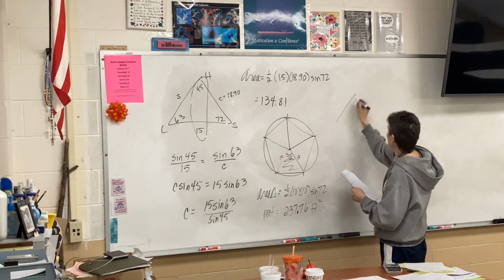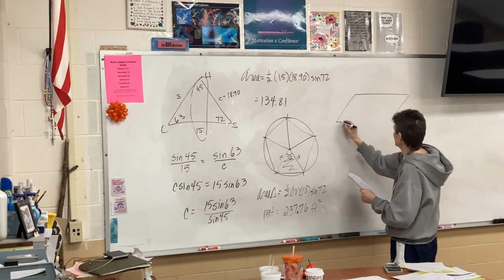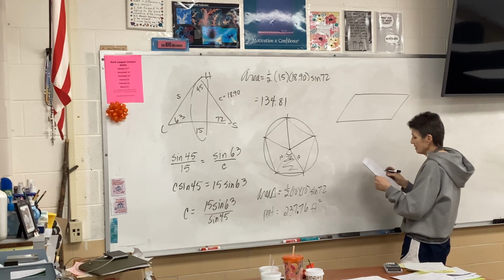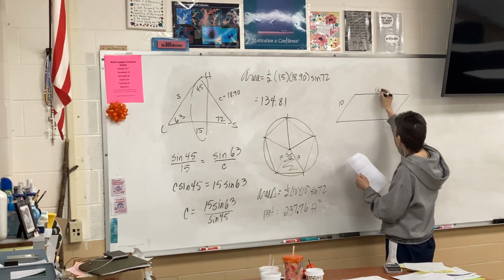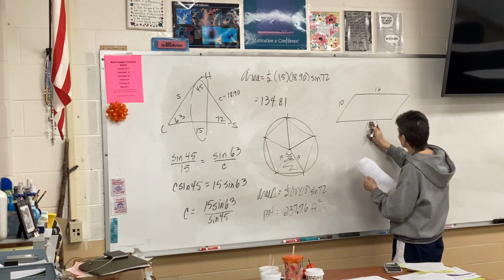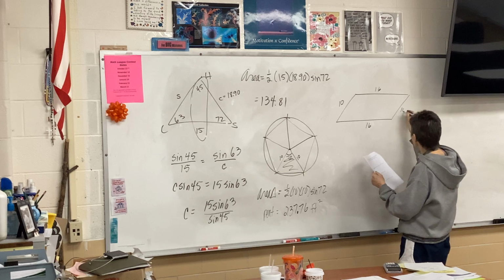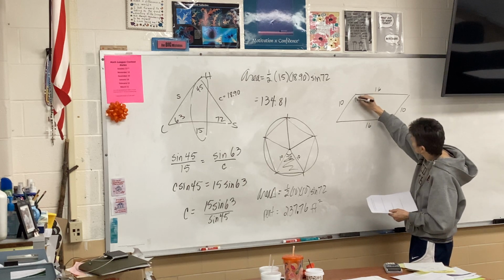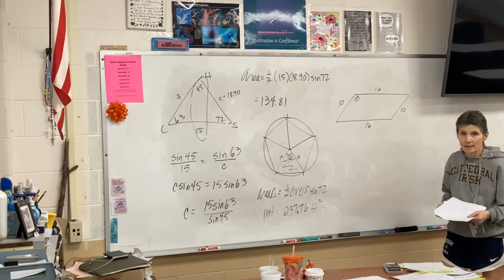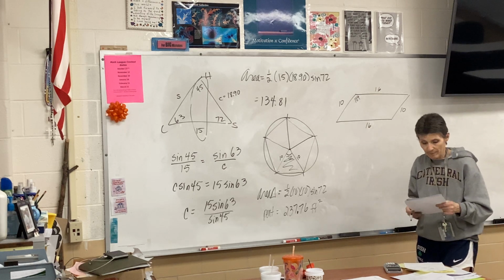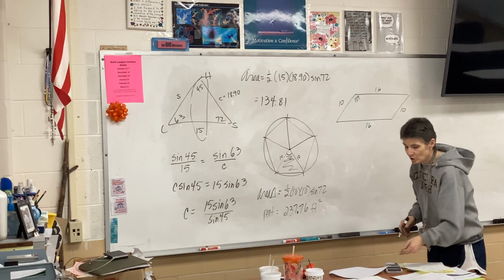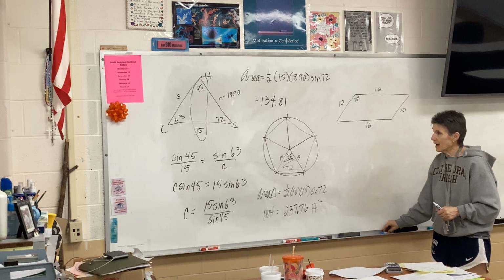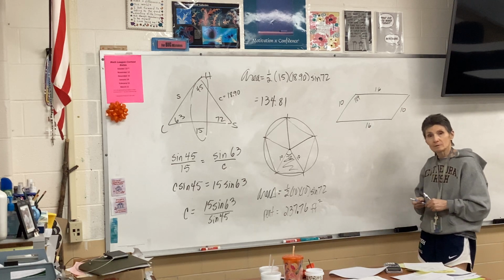Number 2 says I have a parallelogram. So here's my parallelogram. The sides are 10 and 16, and the larger angle is 104. That's my larger angle in the parallelogram. And question 2 says, find the area.